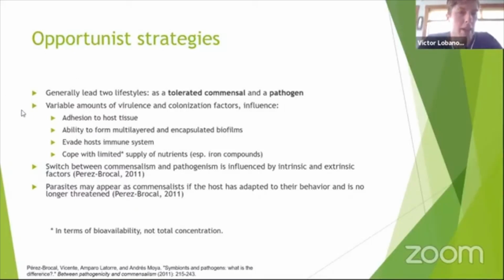They do that by having a good ability to adhere to host tissue, so they'll grow along the roots. They can form biofilms that protect them from plant defenses or from other attacks. Or they can be good at evading the host immune system, or they can be really good at taking a certain nutrient that would be limiting otherwise.